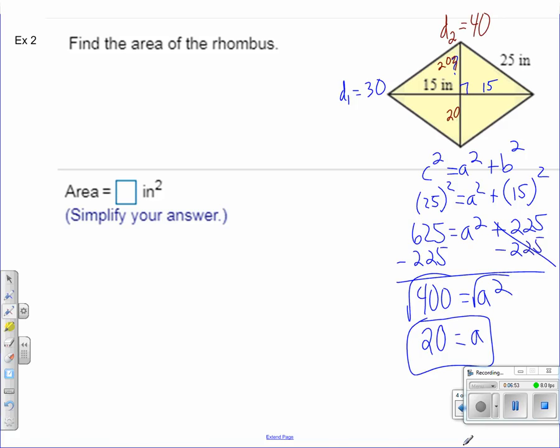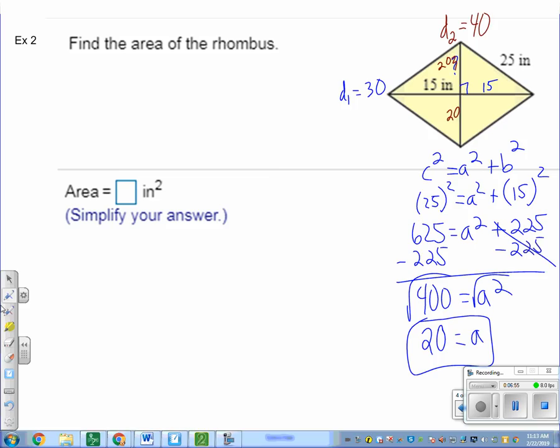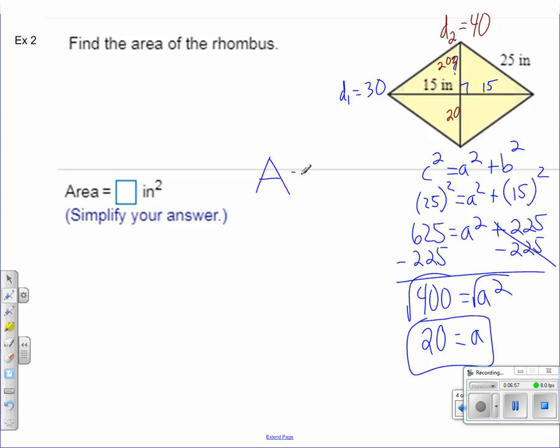And now we just dump those two numbers into our formula and compute. D1 I said is 30. D2 I said is 40. Divide that by 2.